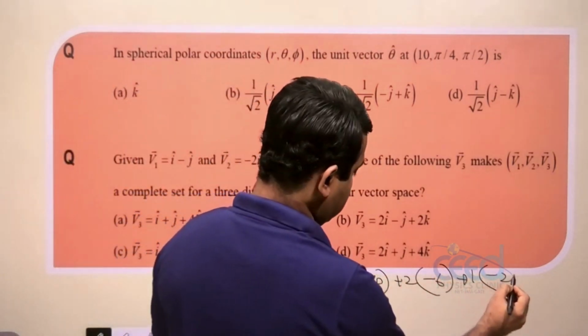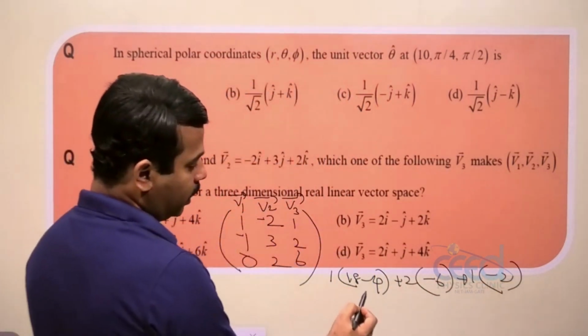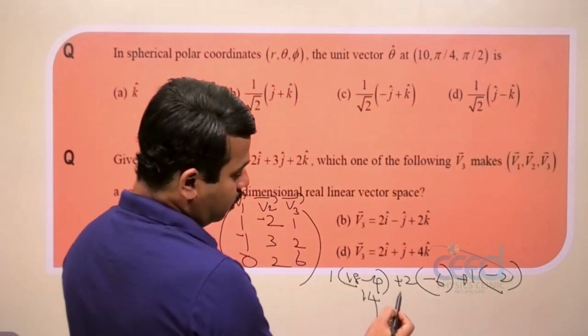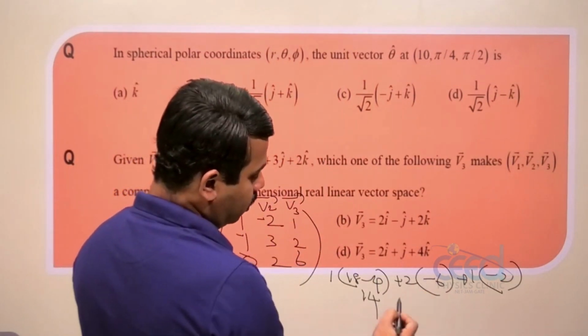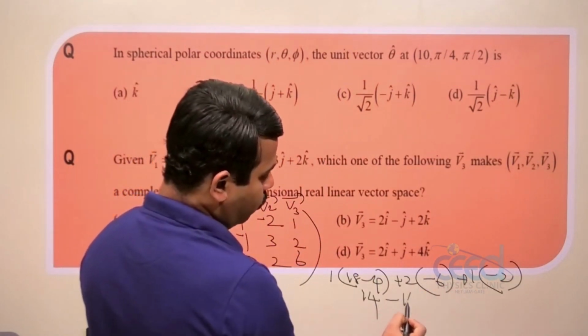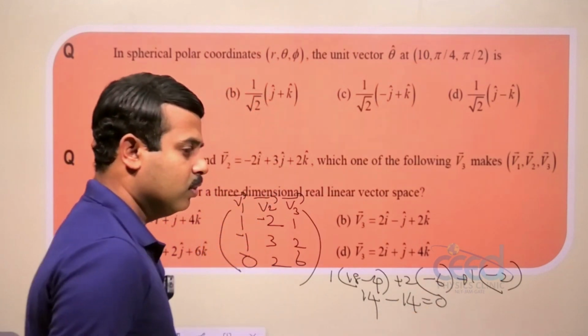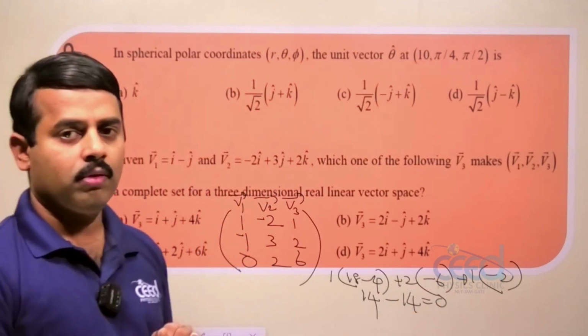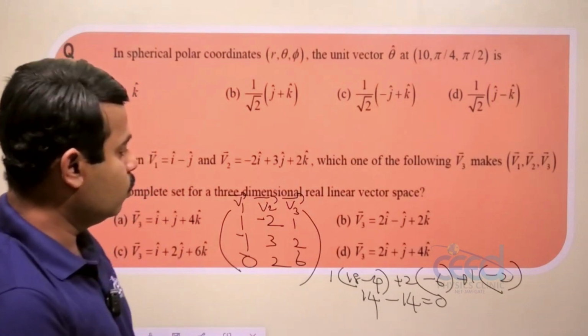So 18 minus 4 is 14, here minus 12, minus 2, so the determinant equals 0. So this is not the option, as the determinant should not be 0.